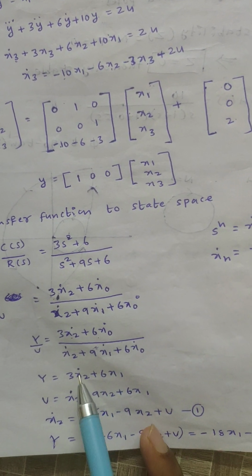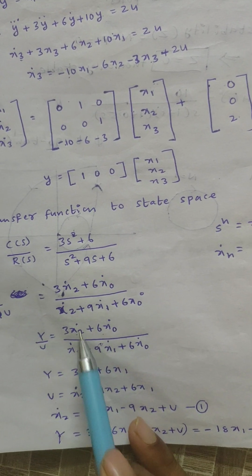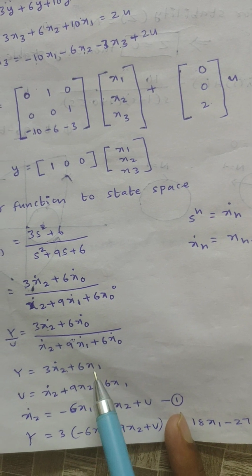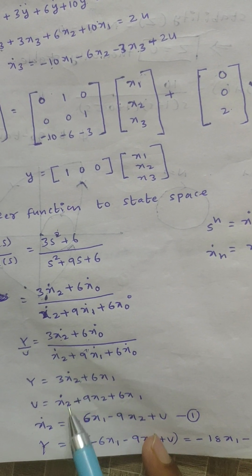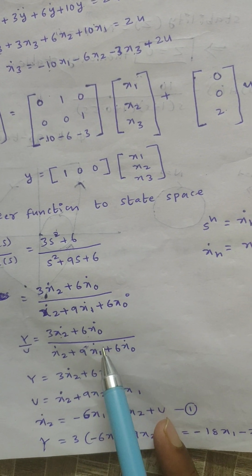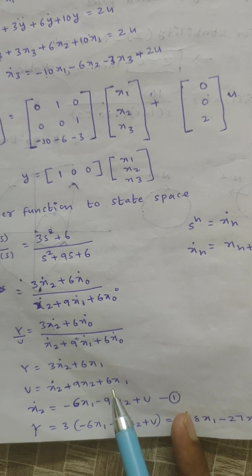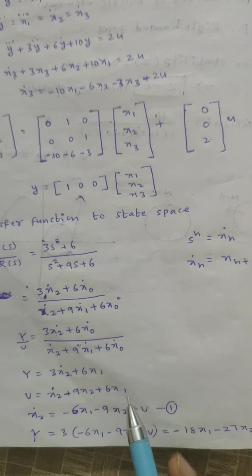Here the numerator is 3x2 dot plus 6x1, and similarly u is equal to x2 dot plus 9x1 dot, which can be written as 9x2, plus 6x naught dot, which can be written as 6 into x1, right?